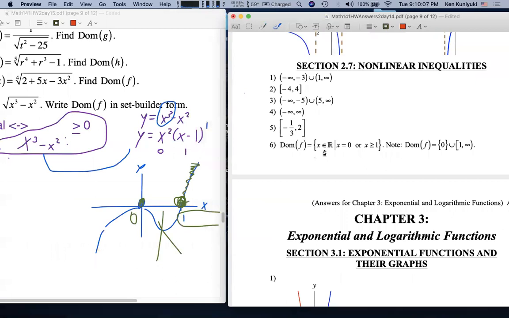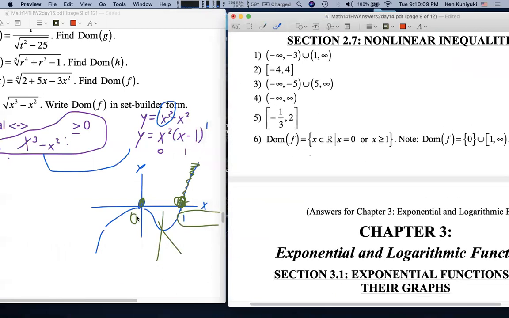The set of all x in the reals such that x equals 0 or x is greater than or equal to 1. If you want to use interval form, then that island at 0 will be a singleton set, where the 0 in braces, union, bracket 1, comma, infinity, parenthesis. That's a union of a singleton set and an interval form. We've never seen that before.